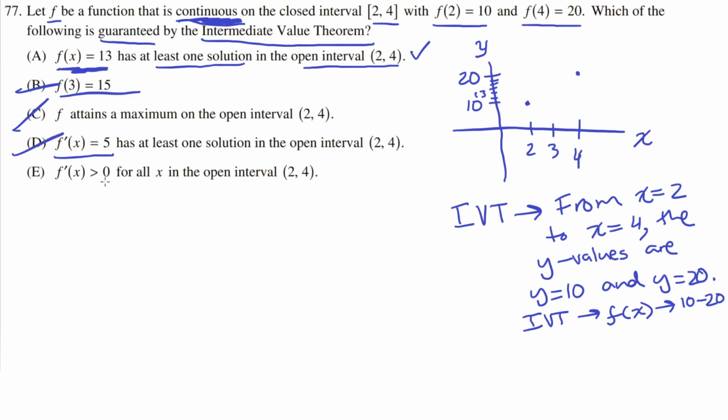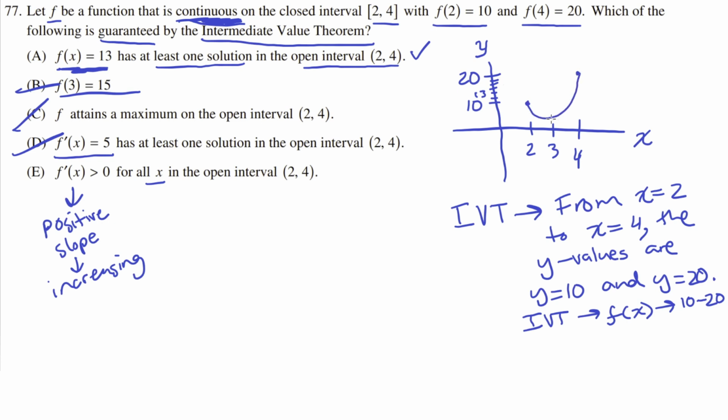E: f'(x) is greater than 0 for all x in the open interval. This is not true, because f'(x) greater than 0 just means that the function has positive slopes, or that the function is always increasing. They're both saying the same thing. But we could draw any graph between 2 and 4.